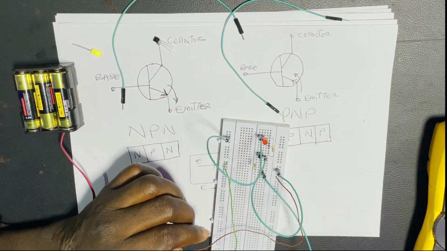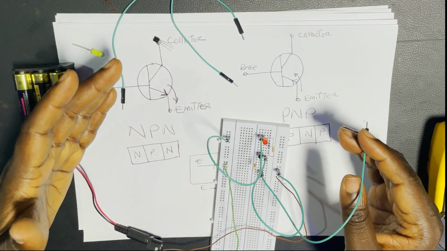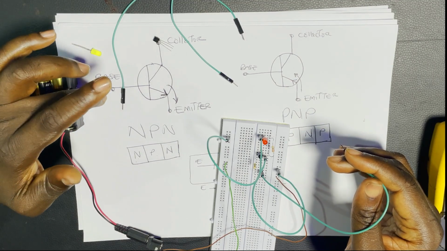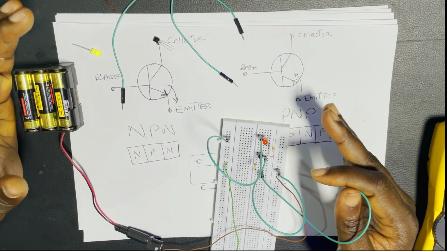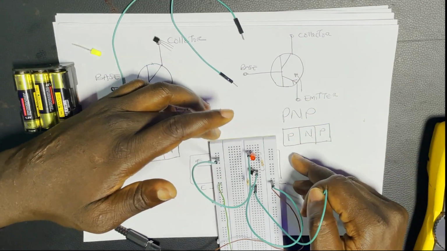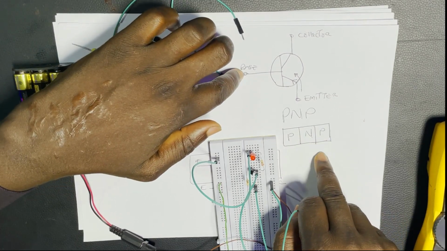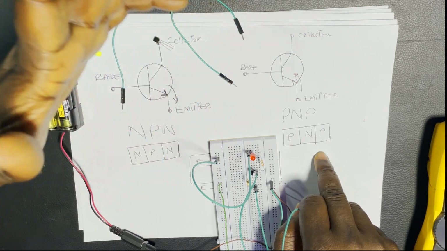In the case of an NPN transistor, we bias the transistor by sending a positive signal to the base, but in this case we are going to do the reverse. Because of the N in the middle, the base is going to be biased with the negative side, or our ground.